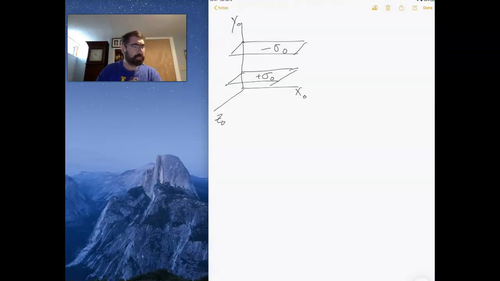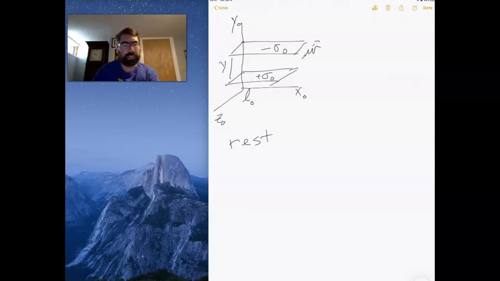Now I'm going to be labeling them with zeros instead of bars. The width of the plate is w, the height of the plate is y, and the length of the plate is L, which I'm going to call L0. Let's say this is in a frame of reference that is at rest.